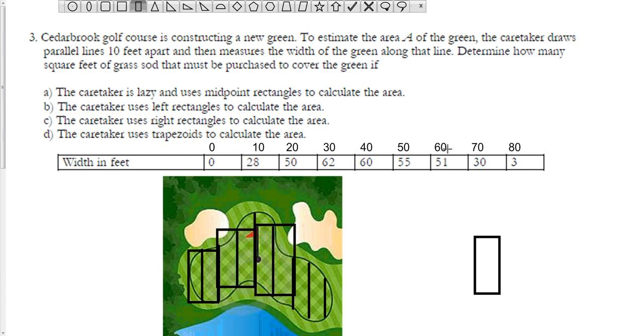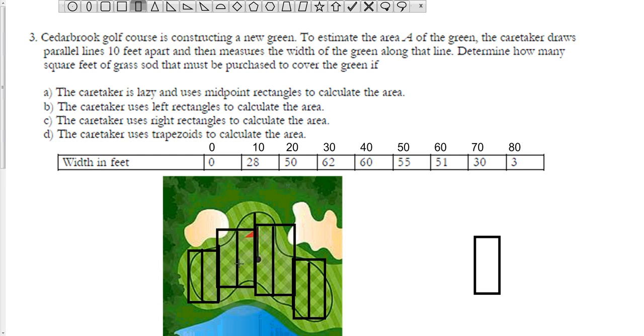And then in this last interval, between 60 feet and 80 feet, I'm going to use the value of the function at the midpoint. So I'm going to take the reading at 70 feet, that's this segment right here, and that segment will be the height for the entire last interval.